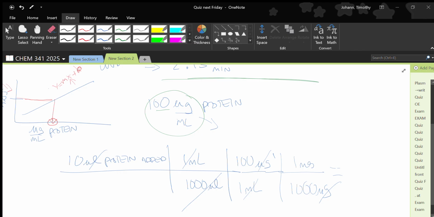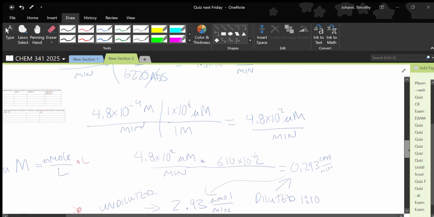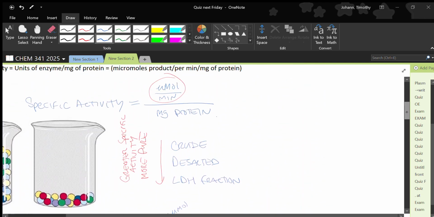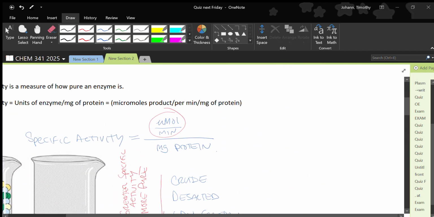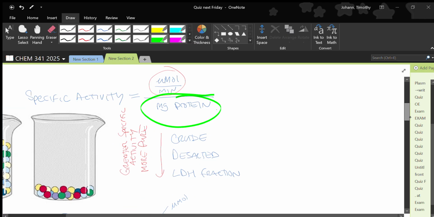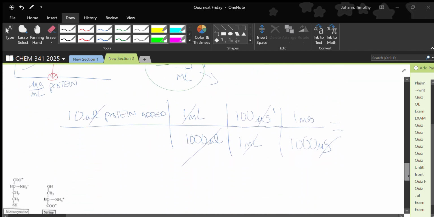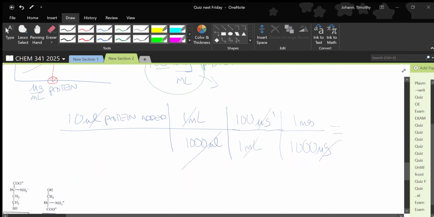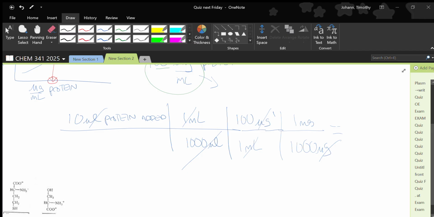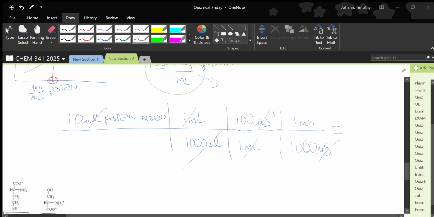The goal here, from your second lab, is to get your measurements into the units that we can put here. So go ahead, somebody multiply that through for me. There's a bunch of zeros. Actually, it's not all that hard because it's all ones. Is the milligrams of protein our LDH?